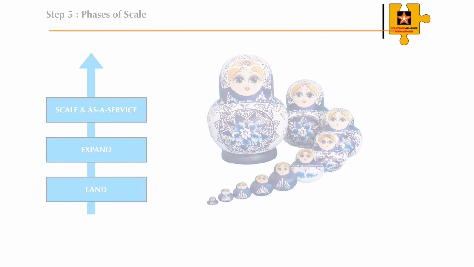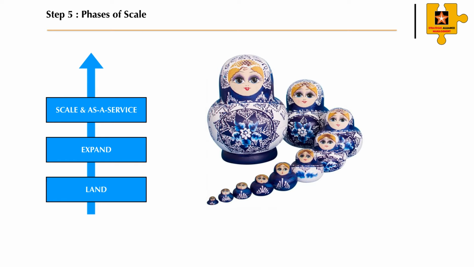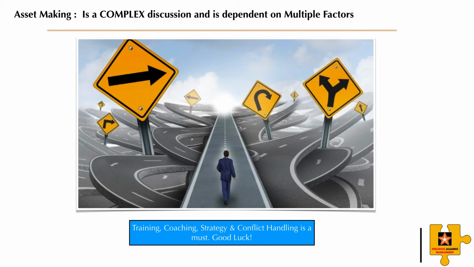The last piece, which is step number 5, is that you need to map the services, the architecture, and everything based on these 3 phases, which is what is your landing phase, what's your expansion, and what is your scale, and which piece is being offered as a service. So, asset making is a complex decision, and we can definitely help you out with that.